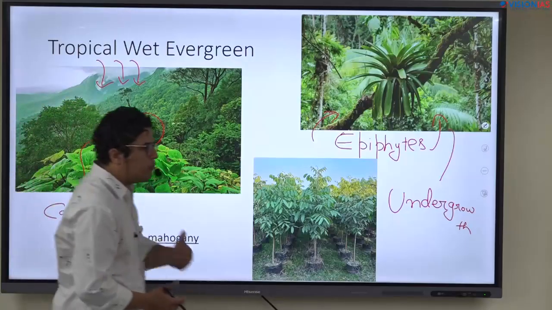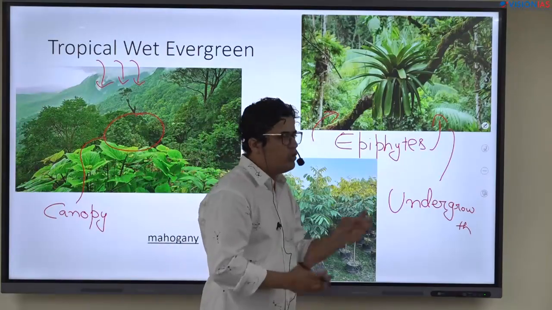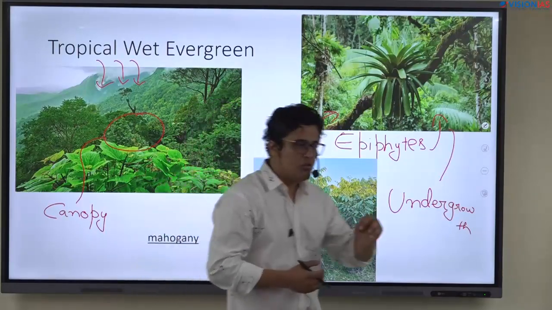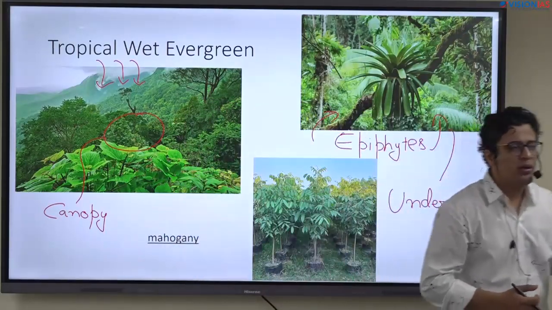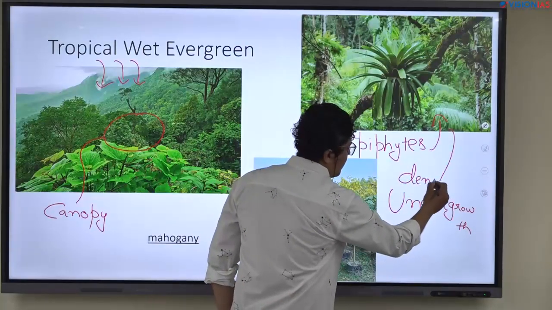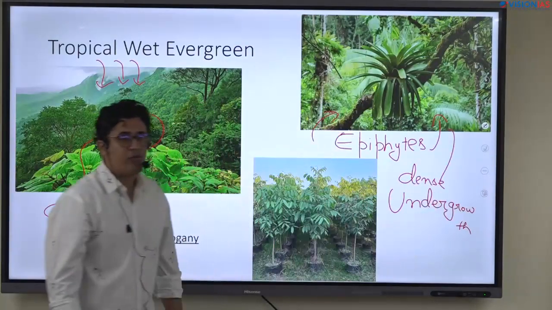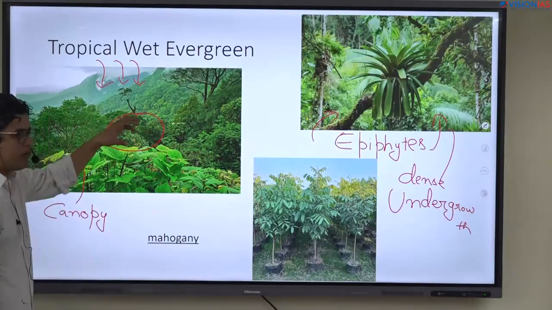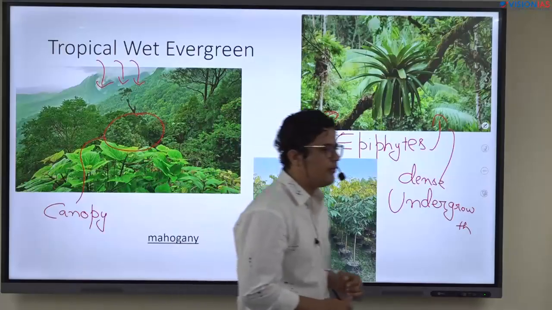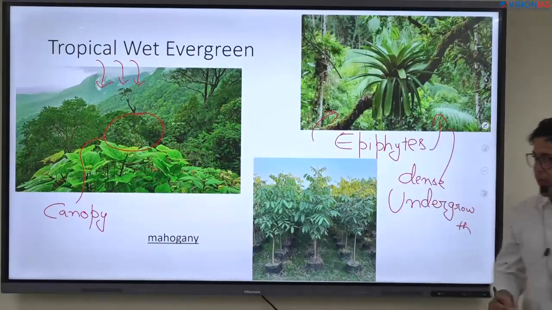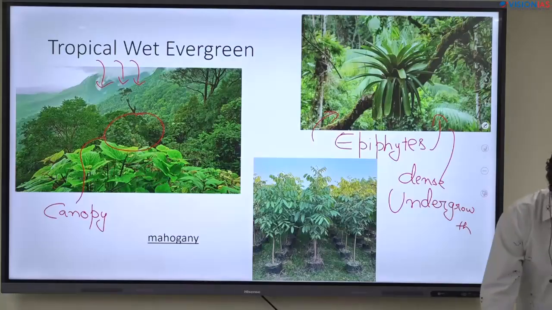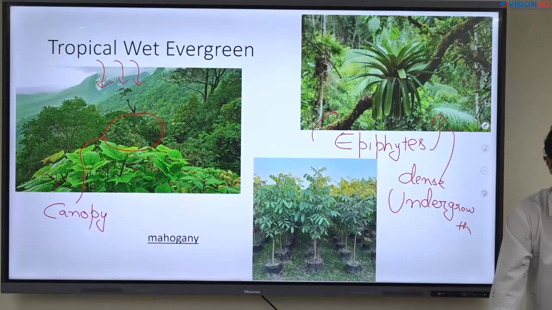But when you are looking at the forest from the bottom, you will see small bushes, you will see epiphytes. So you are looking at undergrowth. So undergrowth is also dense. This forest is dense from everywhere, from top, from bottom. Everywhere you will see green cover. Trees are dense, even small plants are also dense. So thick undergrowth is another characteristic.